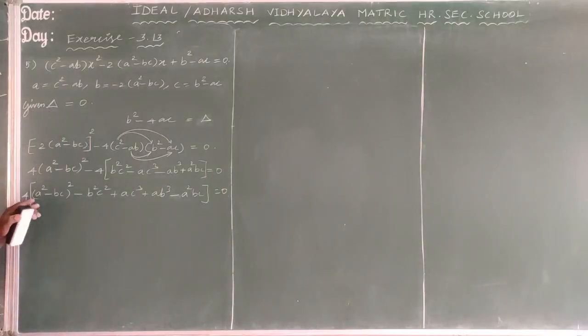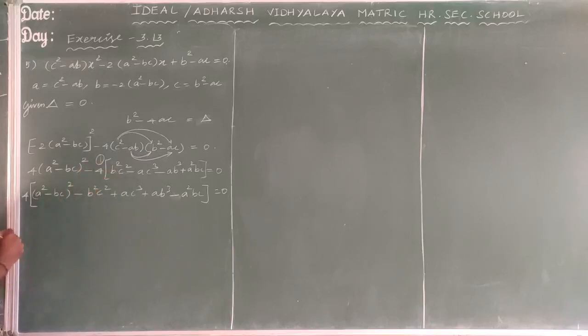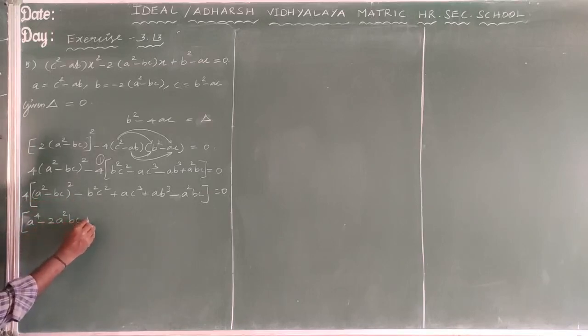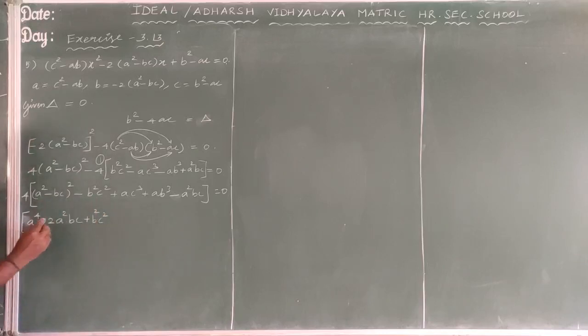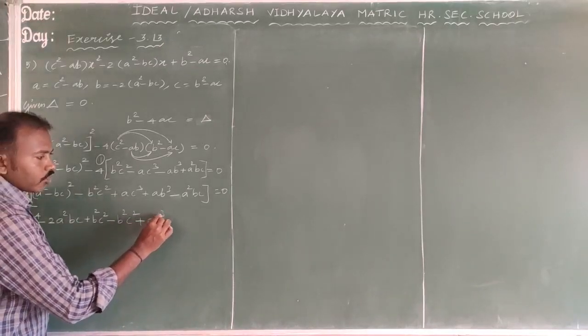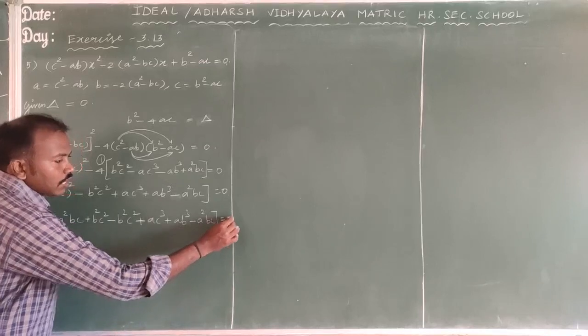Taking 4 common, only 1 remains. Expanding, (a square minus bc) the whole square gives a to the power 4 minus 2a square bc plus b square c square, then minus b square c square plus ac cube plus ab cube minus a square bc is equal to 0 by 4.